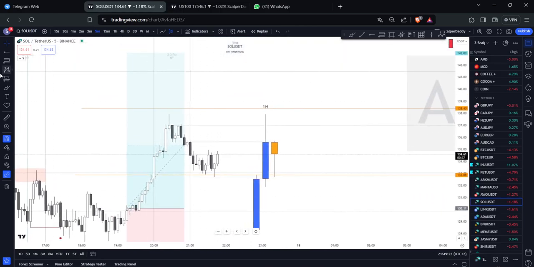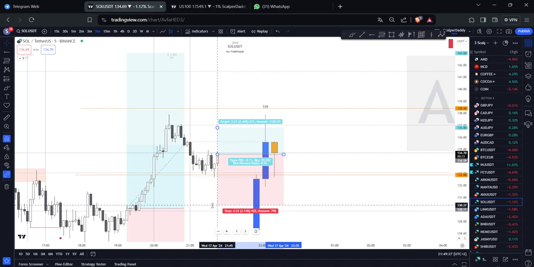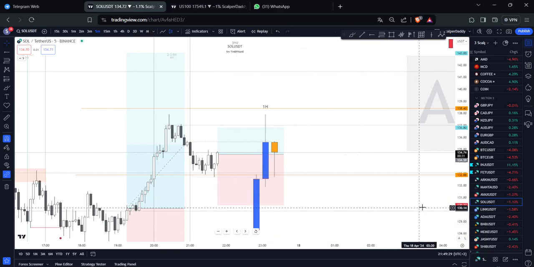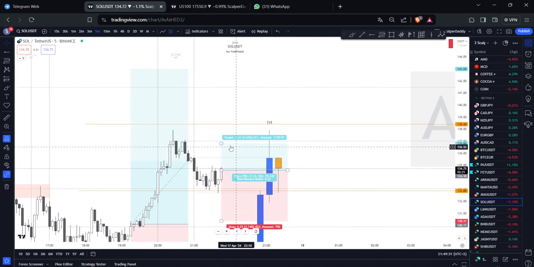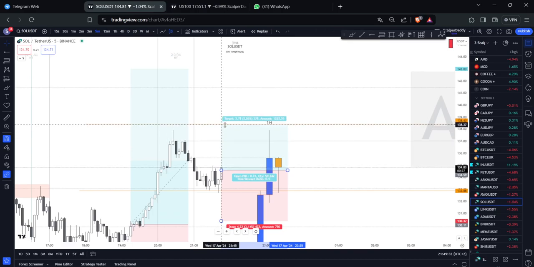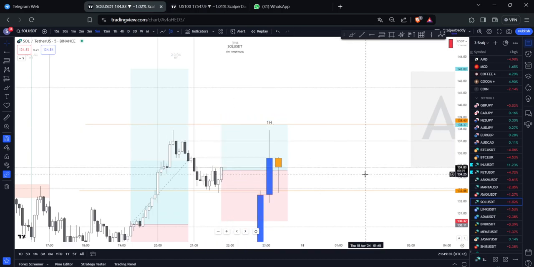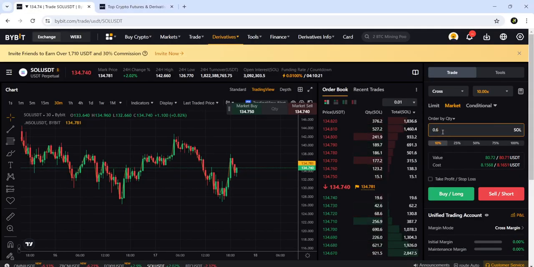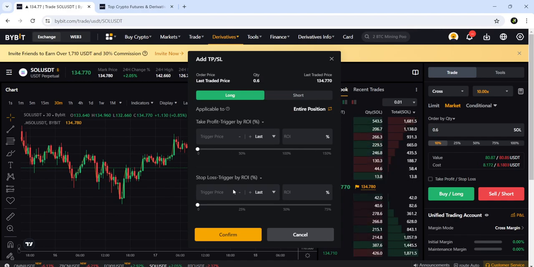So in the example we are on this, stop loss is on 130, target is on 138. So we need to set the lot size, take profit and stop loss.